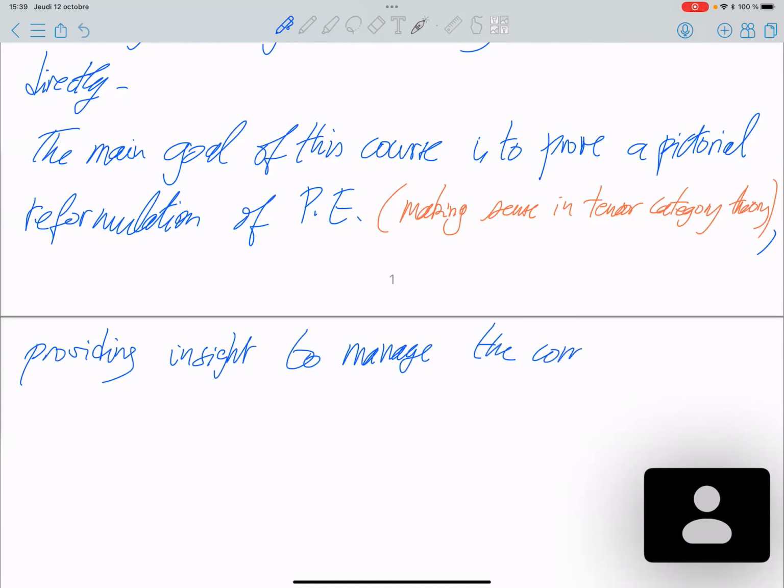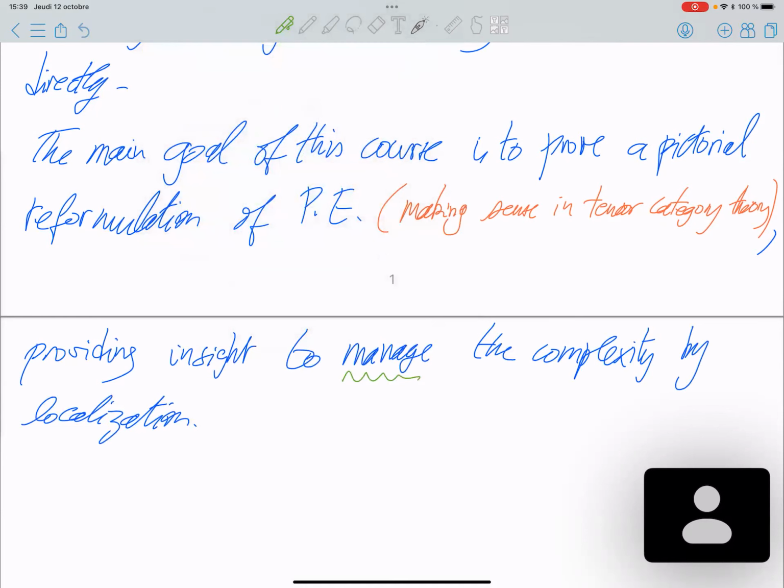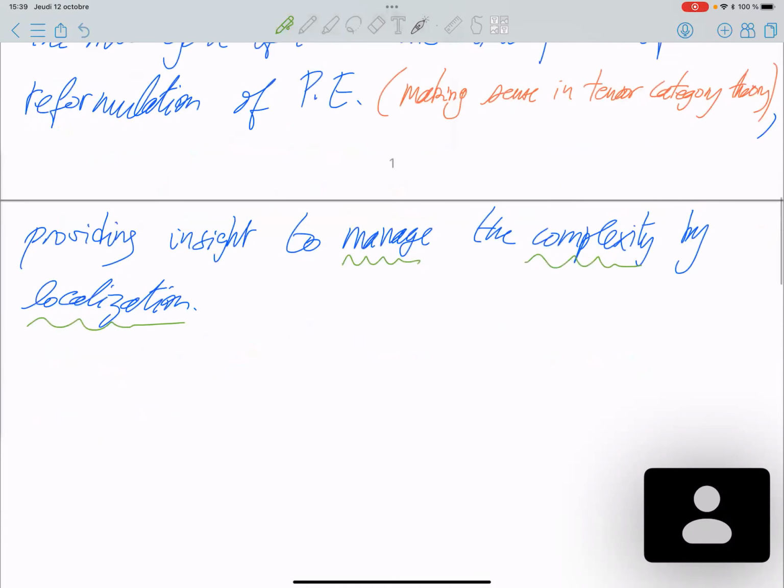I will explain what I mean by all the words in this sentence. Manage complexity, localization. So what does it mean?